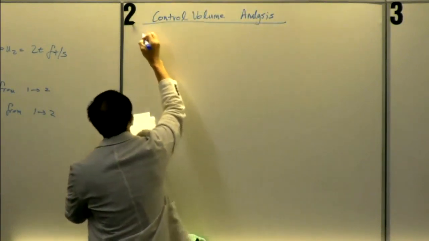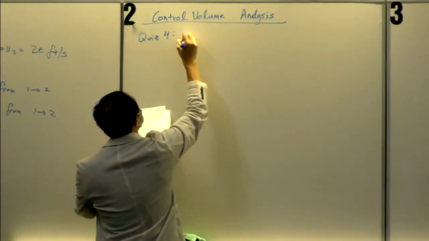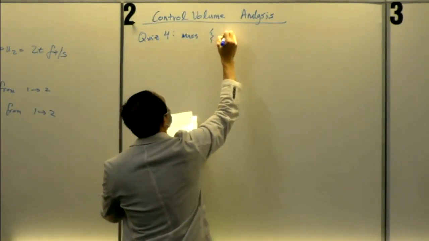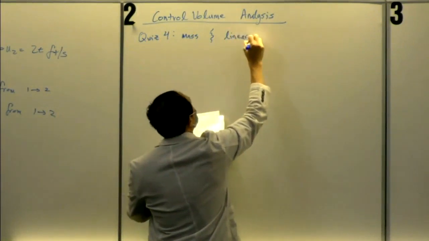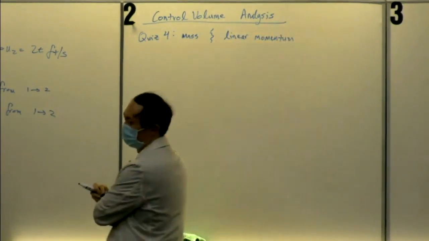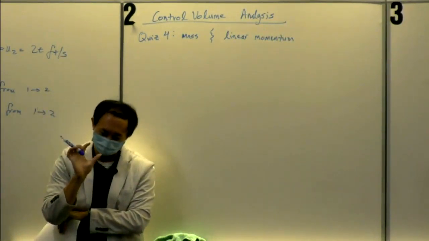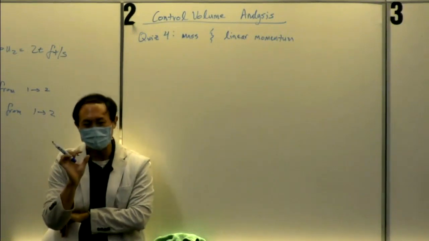Okay. And we're splitting it into two parts. But in fact, they actually all use the same equation, what's called Reynolds transport theorem. They just use sort of different quantities that you're trying to track.